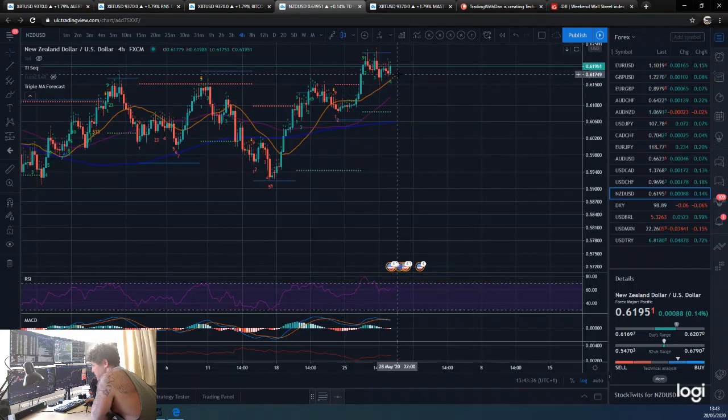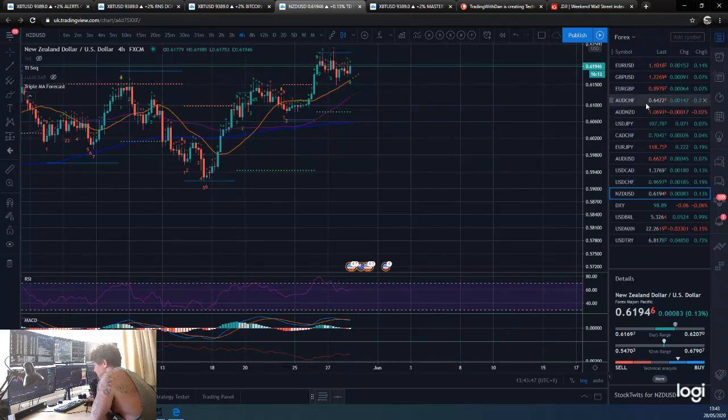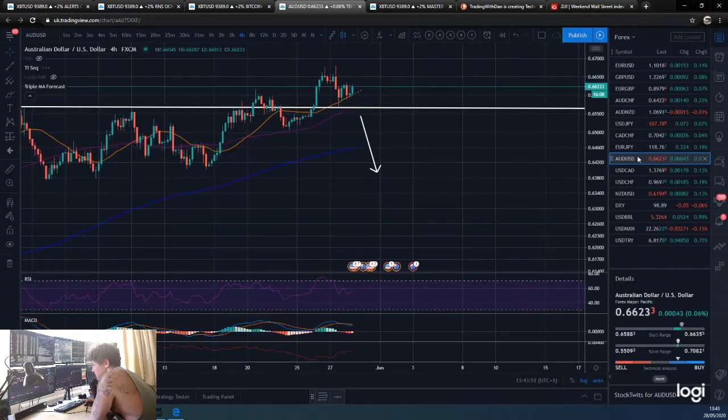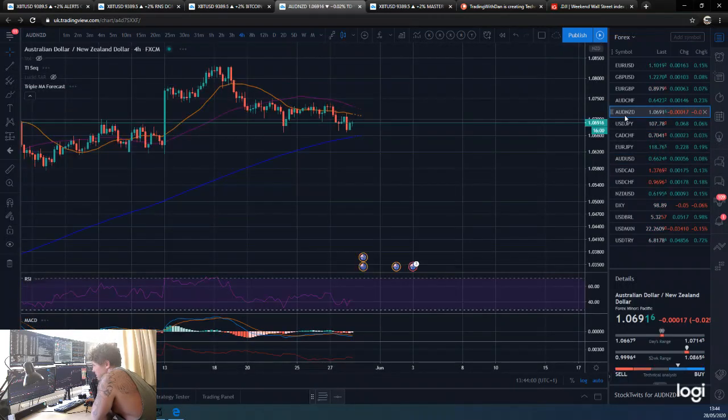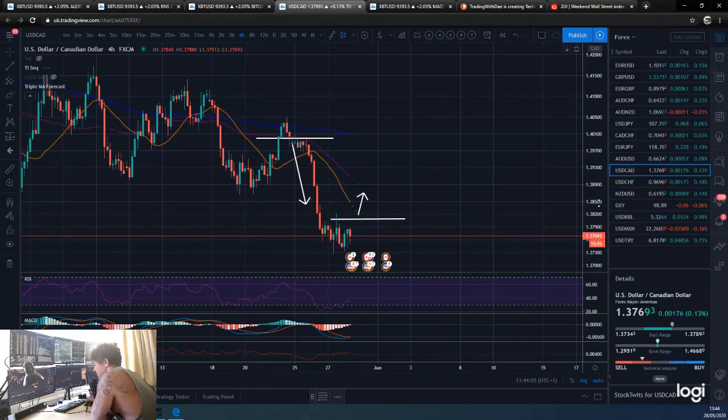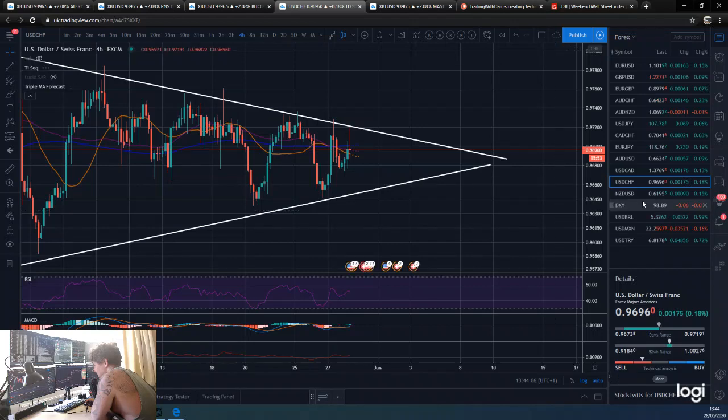This is very reminiscent of another trade, sort of faked into it, took our profit quick and then back up. I'm guessing it was another New Zealand dollar. I bet it was this one. Yeah, pretty much. There we go. So we had the 9. Oh no, it wasn't that one. I don't know. Maybe it was this one. No, I don't know. We saw it anyway. You guys know which one it was.